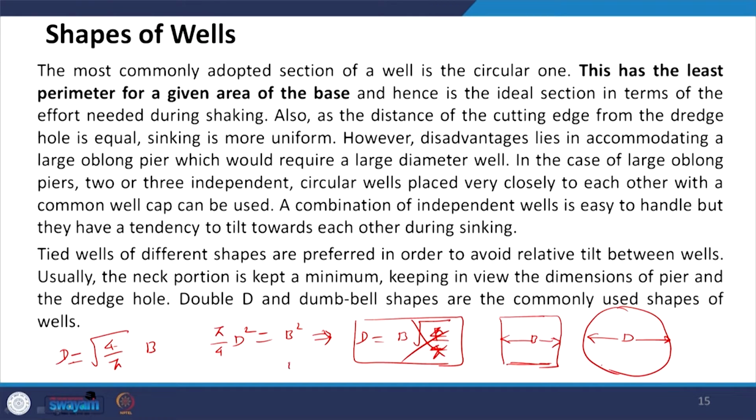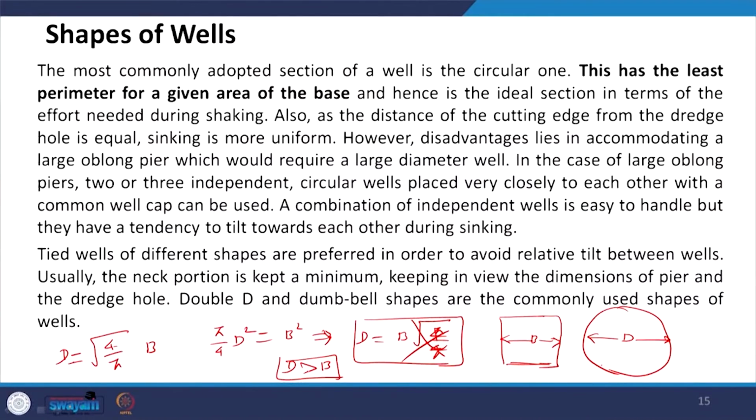So, D is going to be greater than B for the same area, and as a result, you are going to get the higher perimeter for the square section compared to the circular section.